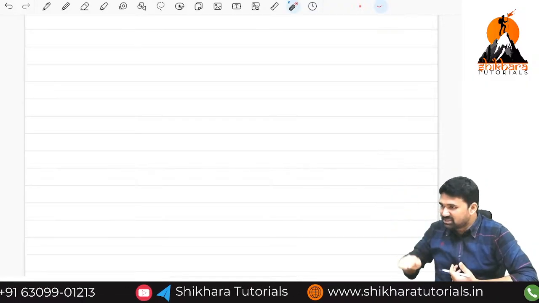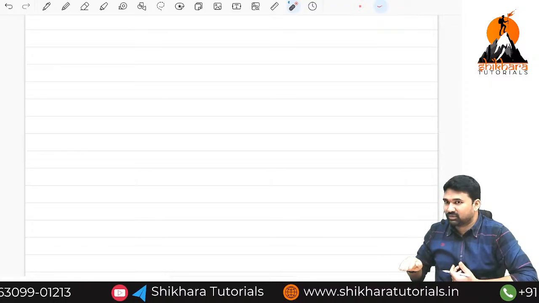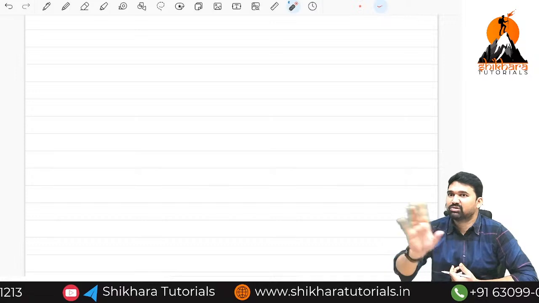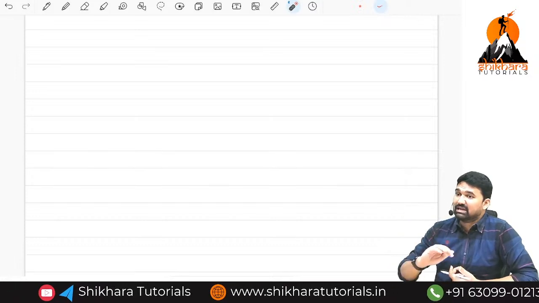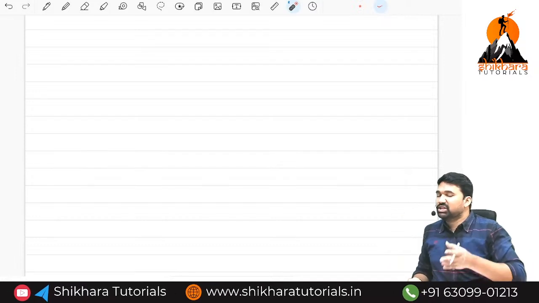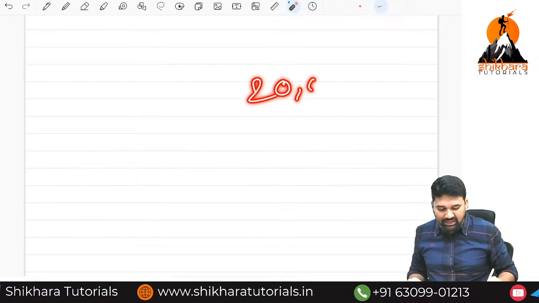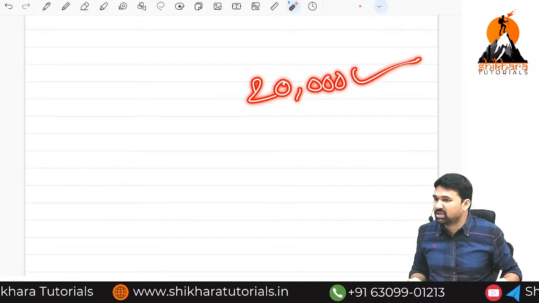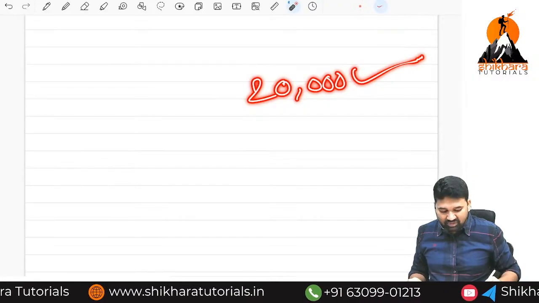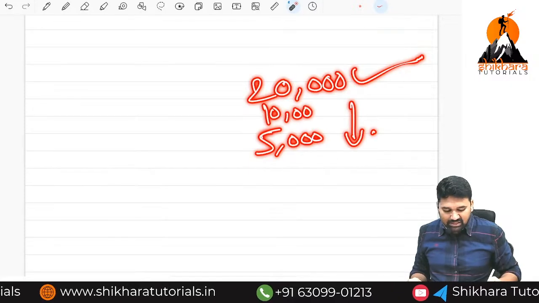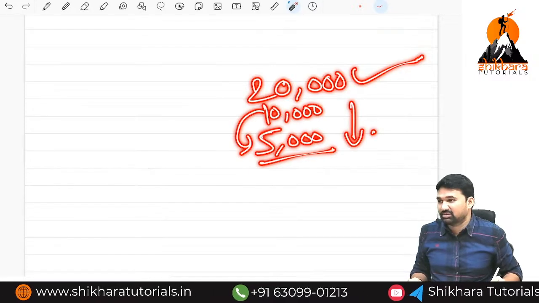In the first month, 2 members are there, so 10,000 each one is contributing. In the second month, 4 members are there, so each one should contribute 5,000. That means in total, it is 20,000 only. But when cost per unit is calculated, it is decreased from 10,000 to 5,000.